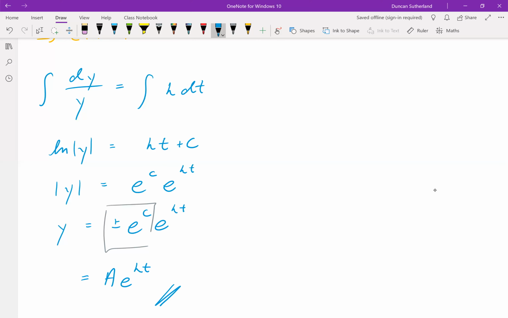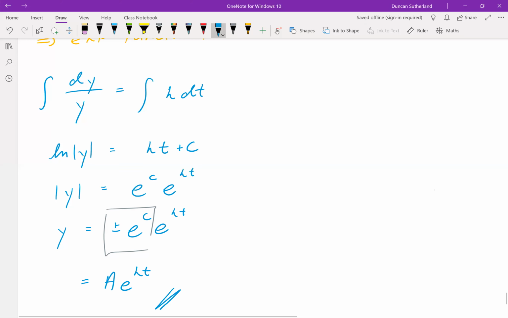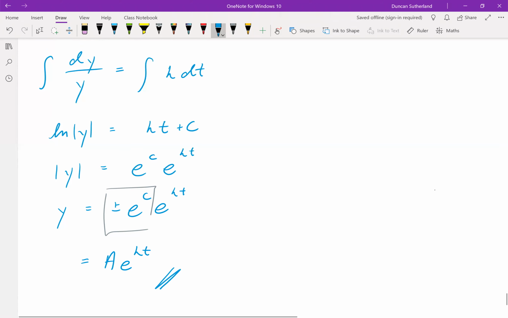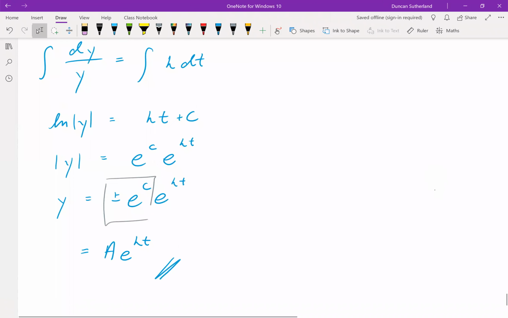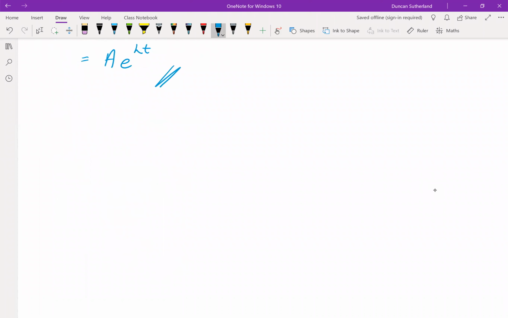I mean, you can get away with doing the solution by separation each and every time you come across this form of equation. But it's often easier if you see, say, dy dt equals 3y. It's often easy enough to just go, well, okay, this is going to have an exponential solution. I'm not going to bother going through all my steps.